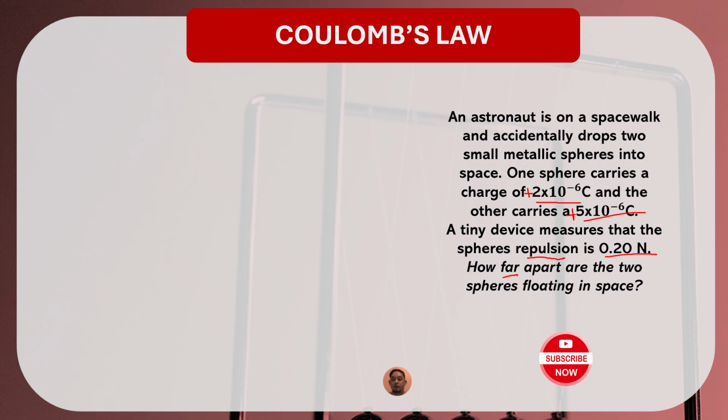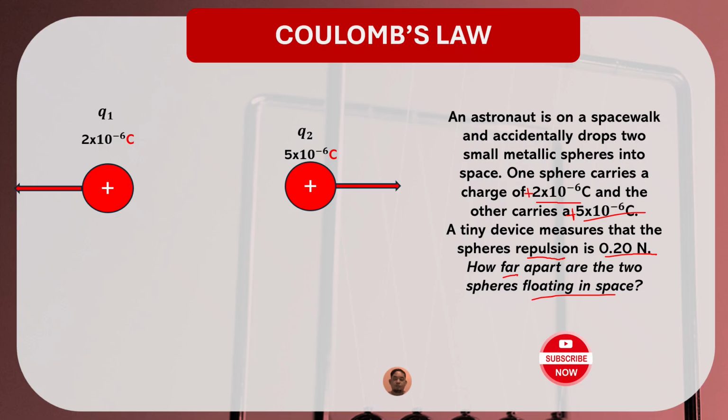How far apart are the two spheres floating in space? And it's in space, so we will still use the Coulomb's constant in vacuum, the value that I introduced earlier. So we have two positives, charge one and charge two. We have the values of the charges, and we also have the repulsion force.